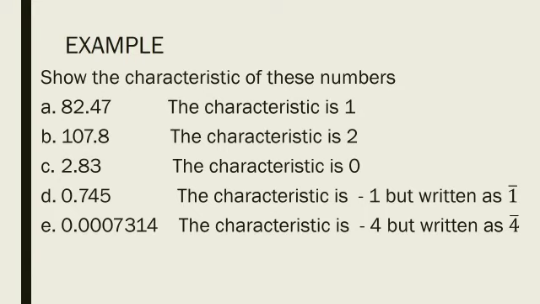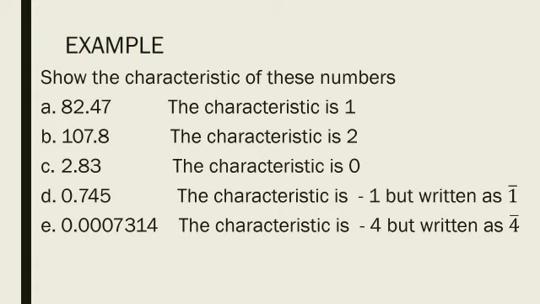First let me explain 82.47. The characteristics is 1 because the first digit is 8, and the place value of 8 is 8/10, and 10 has 1 zero, and that is why the characteristics is 1. The second one, we have 107.8.